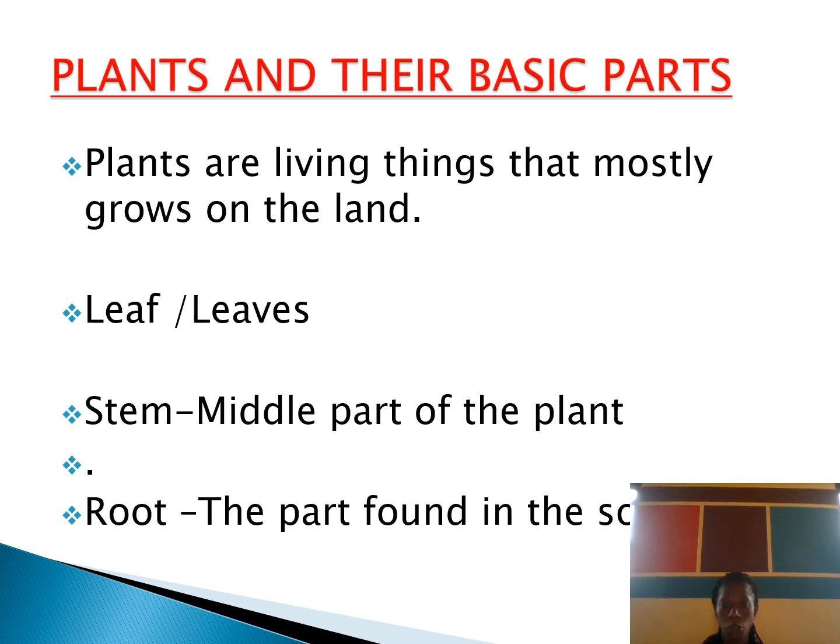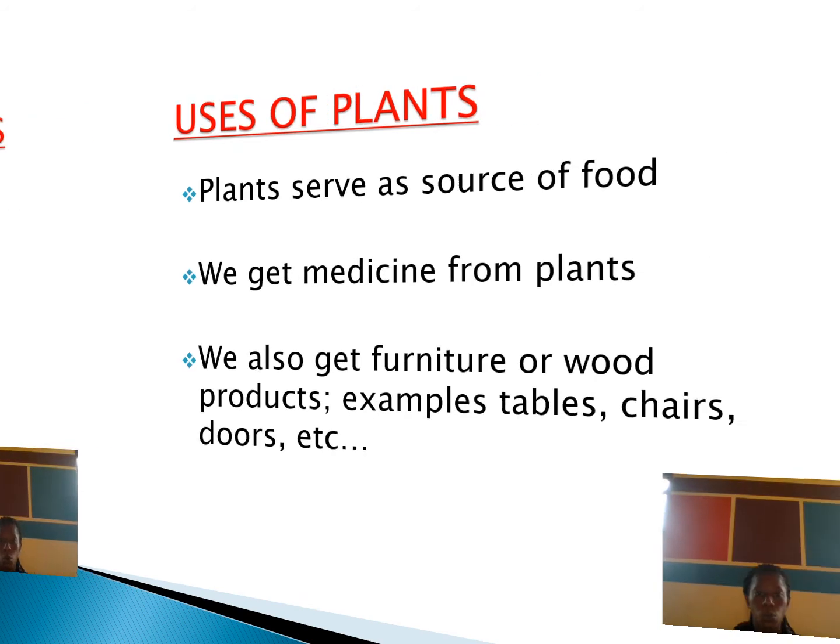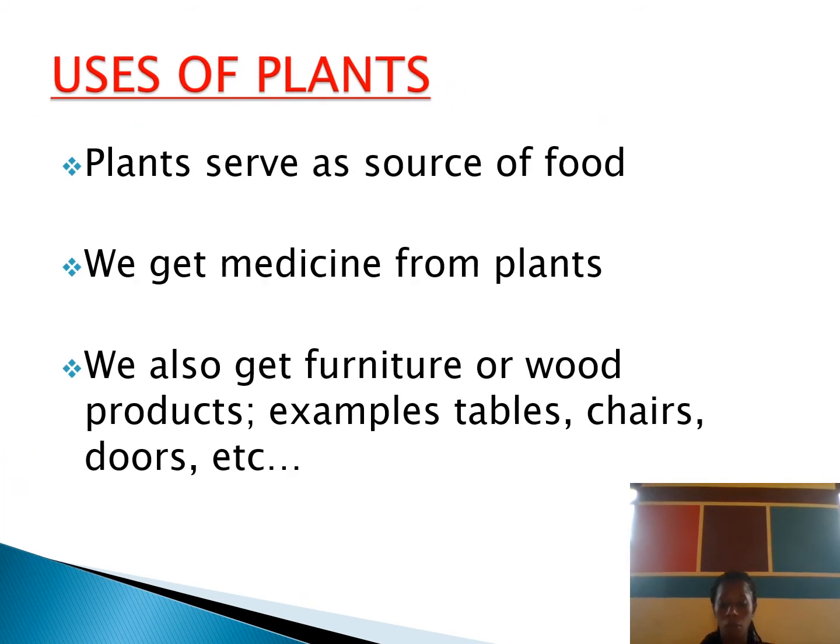Now as we move on, we look at uses of plants. One, plants serve as source of food. The mangoes and the watermelon and the cabbage that we eat are all from plants.